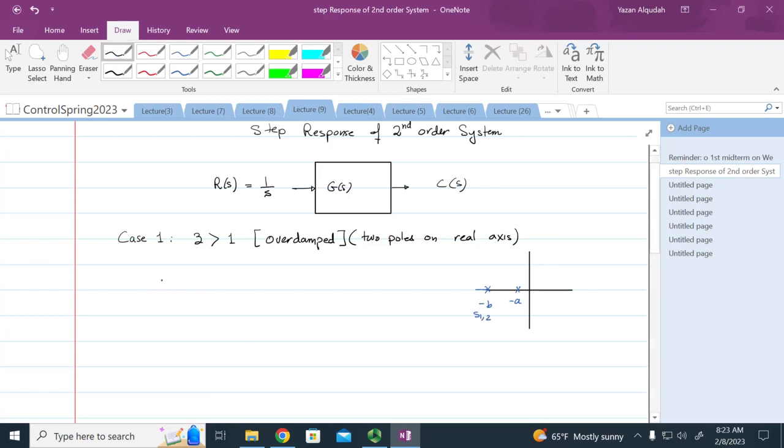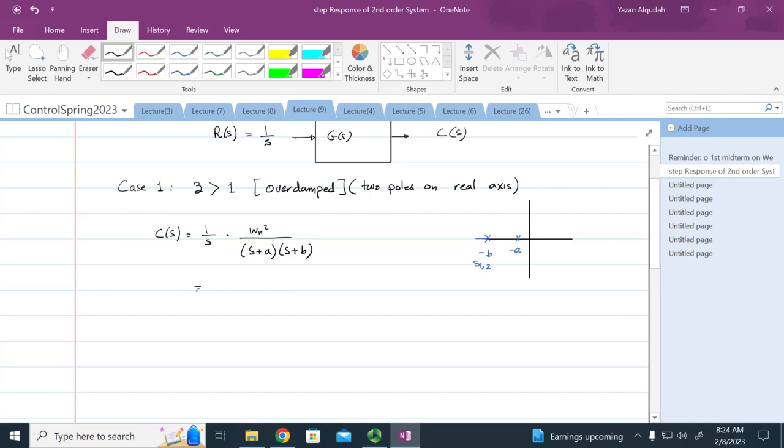If I look at C of S, the response of the system, it is 1 over S multiplied by omega n squared divided by S plus A multiplied by S plus B. Since these 2 poles are going to be real, I'm going to write the denominator as S plus A multiplied by S plus B, because we assume zeta is greater than 1. So we know the poles are going to be real on the real axis. Does that make sense, everybody?